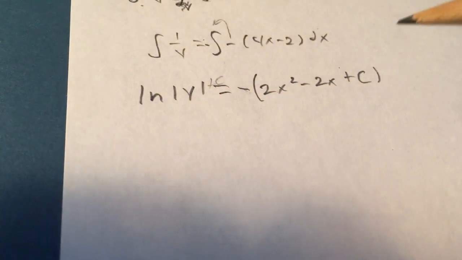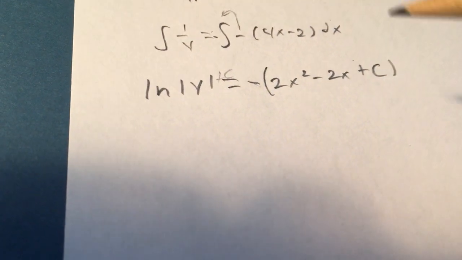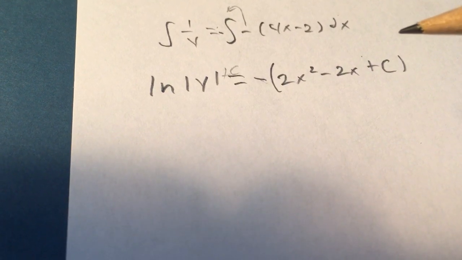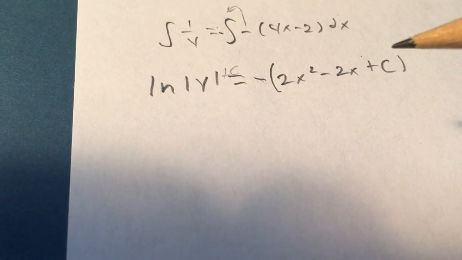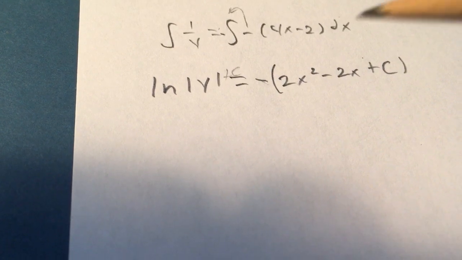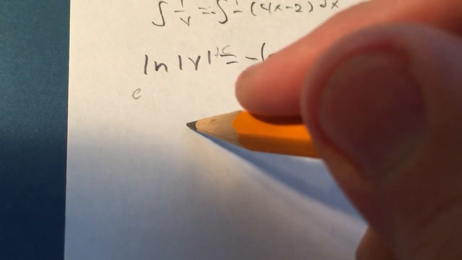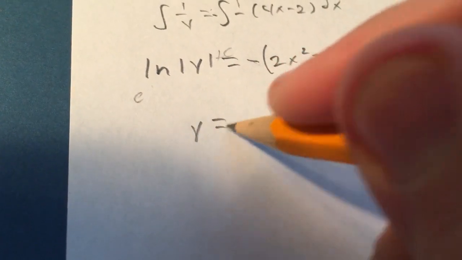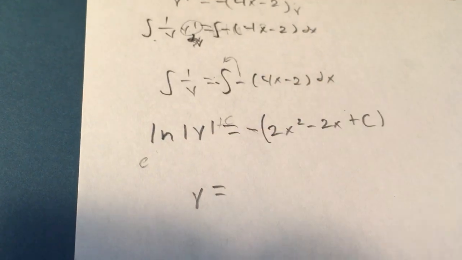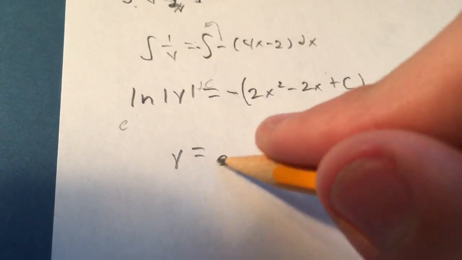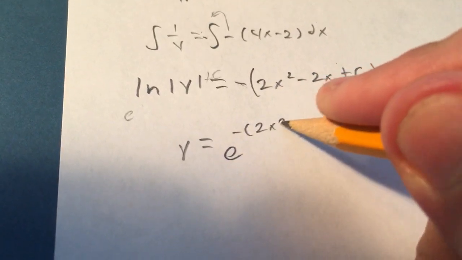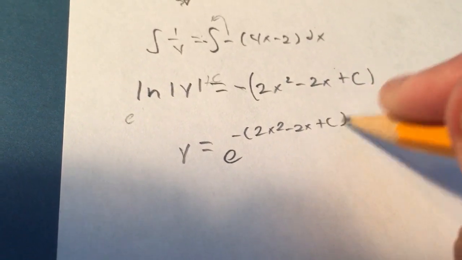In order to get y by itself, we need to do e to both sides, because e and the natural log cancel. So y equals, don't worry about the absolute value, e to the negative 2x squared minus 2x plus c.